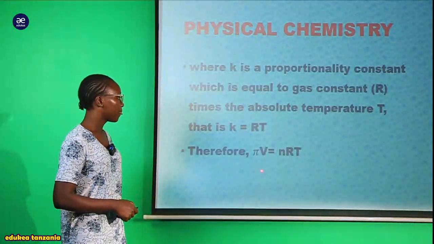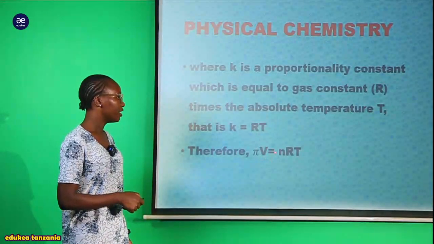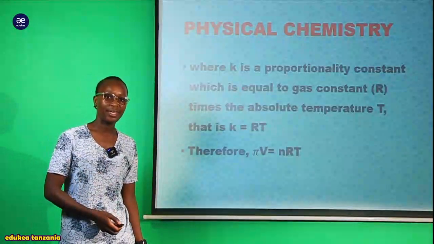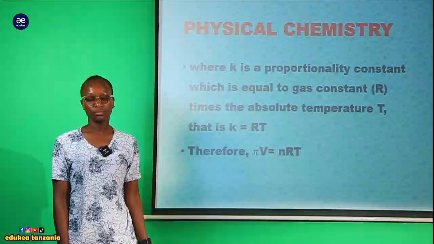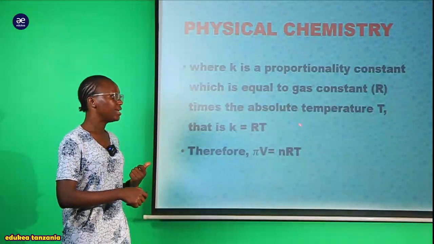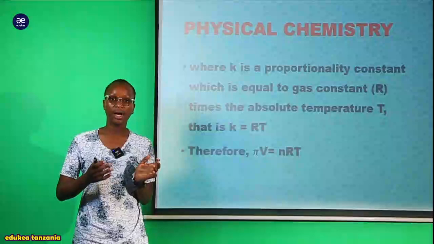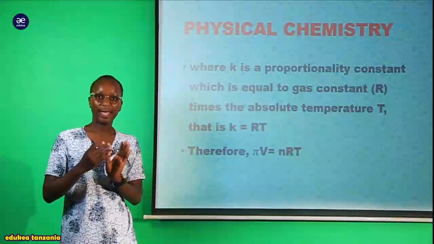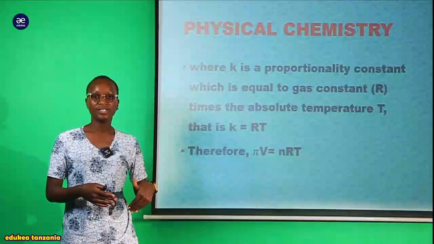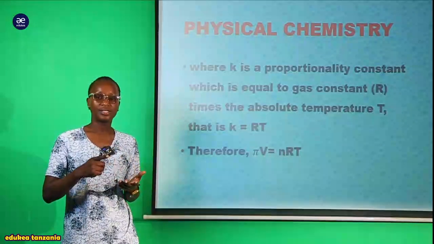Therefore tutakuja kupata kwamba osmotic pressure times V ni sawasawa na nRT. Mwingine pia anaweza kujiuliza hii V n imetoka wapi? So simply tunarudi kama K sasa na RT, maana yake kama kwenye ile question yetu ya osmotic pressure sasa na KM, hatuandiki tena K, tunaandika RT. Kwa hiyo tutakuwa na osmotic pressure ambayo ni ile pi ni sawa na nini?